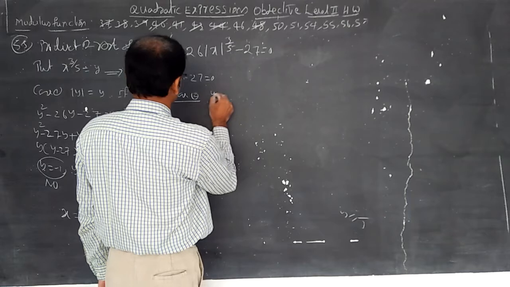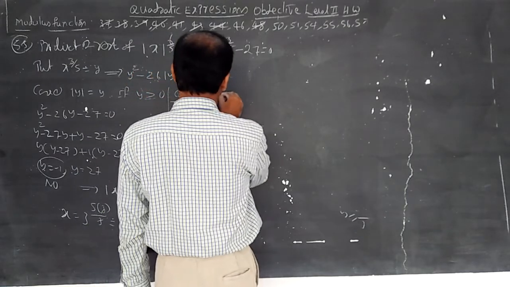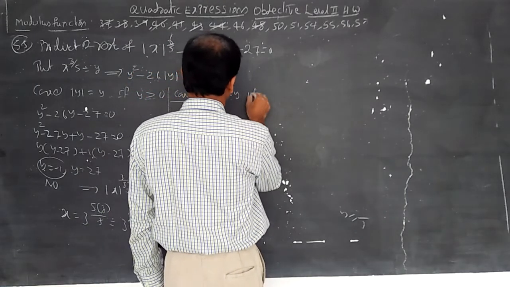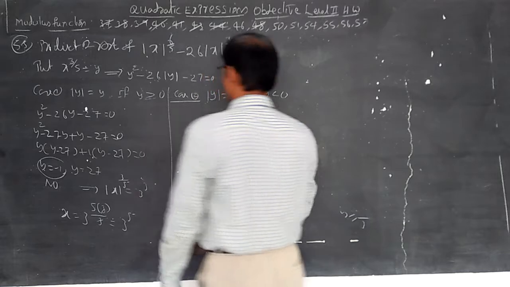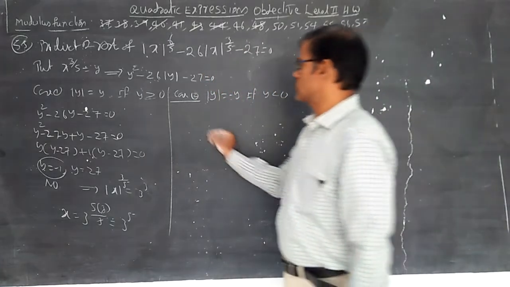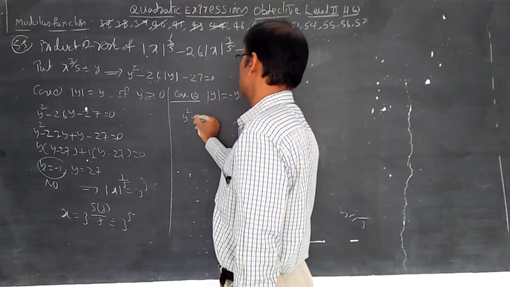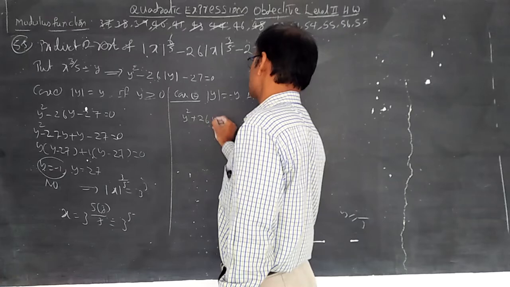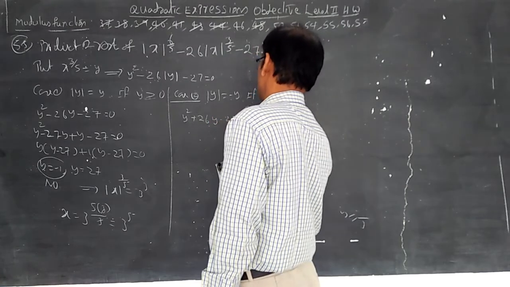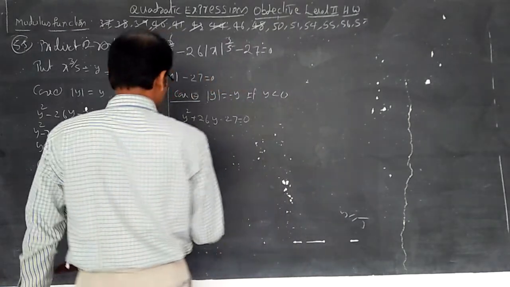Case 2: modulus y is equal to minus y if y less than 0. Now y less than 0 we consider. So it becomes plus 26y minus 27 is equal to 0.